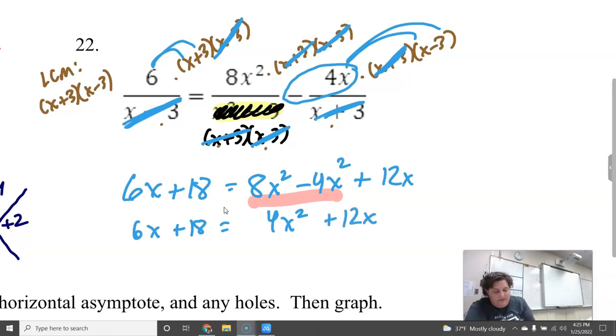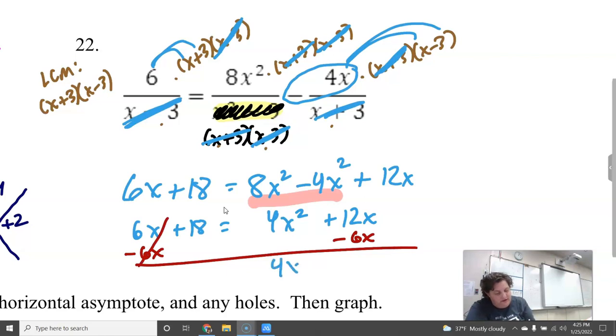Now, I am going to bring the 6x over. Okay, so that is going to give me 4x squared plus 6x, and I am going to bring the 18 over. So that will give me minus 18.